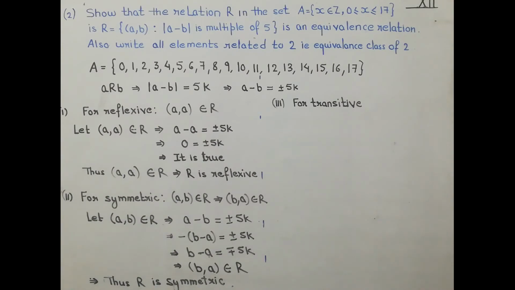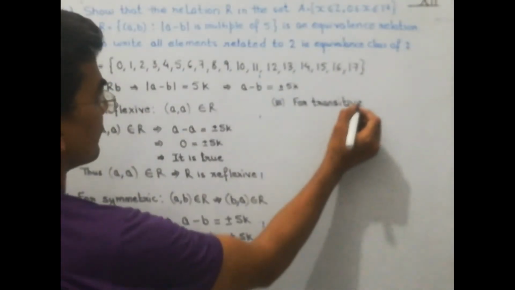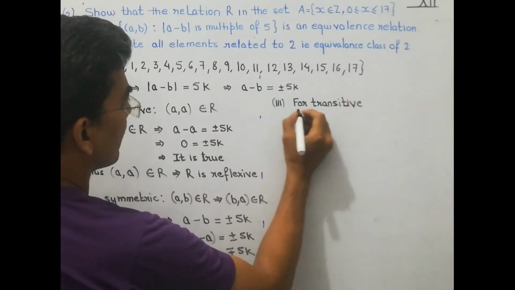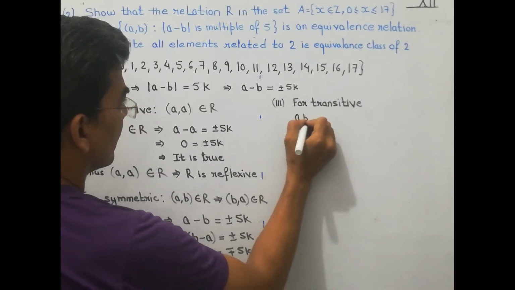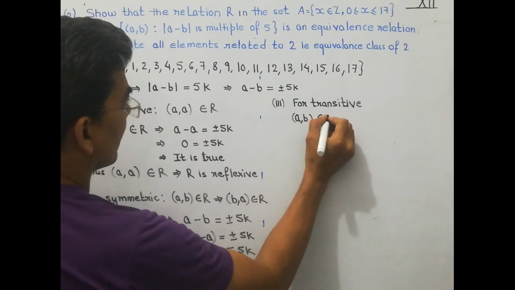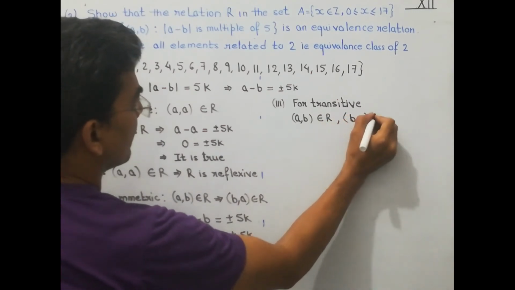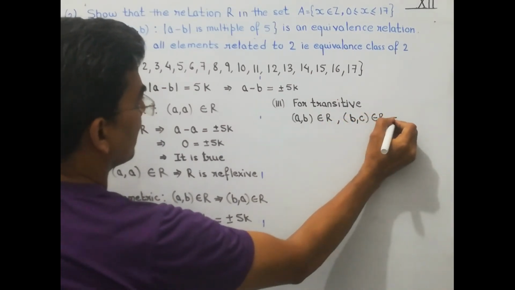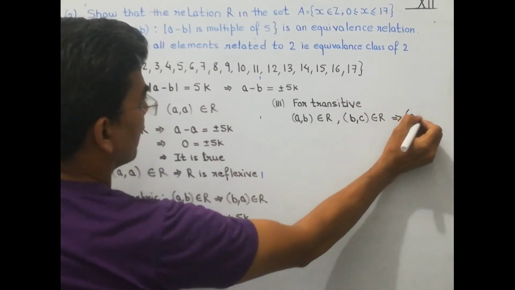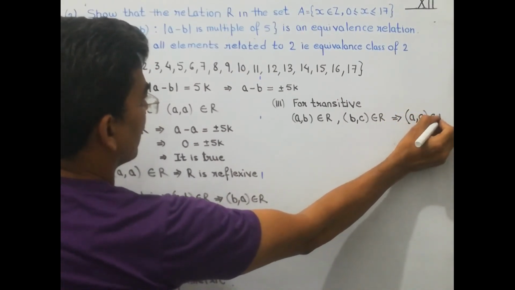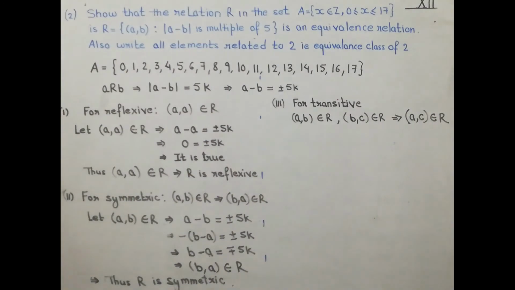If (a, b) and (b, c) belong to R, then (a, c) belongs to R. This is the definition for the relation to be transitive.